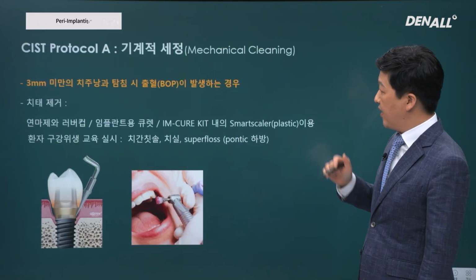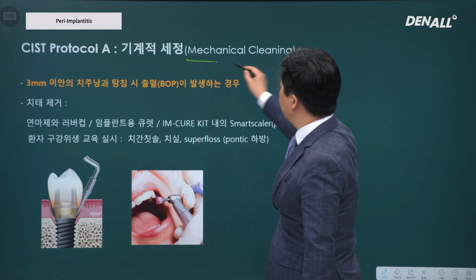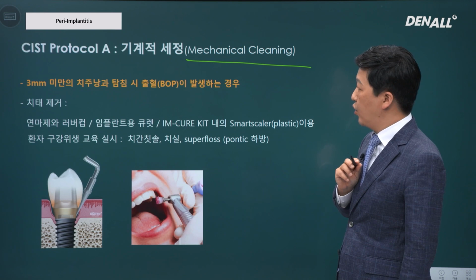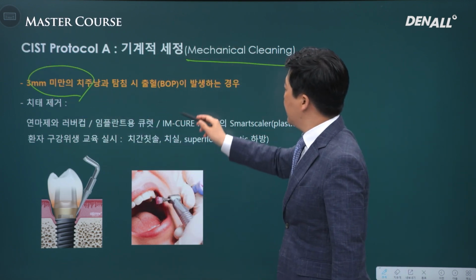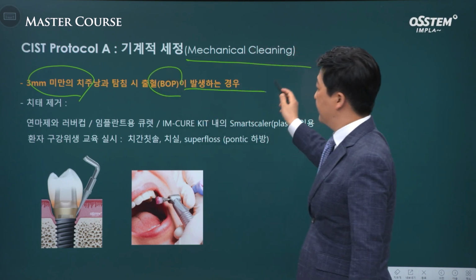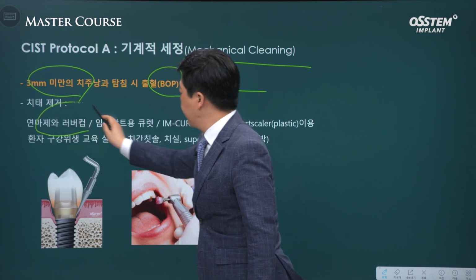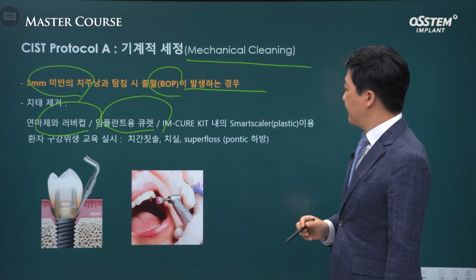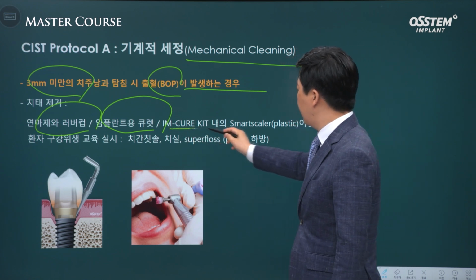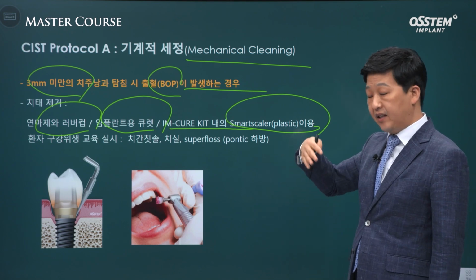Let's look at the different steps. CIST protocol A involves mechanical cleaning. The probing depth is less than 3 millimeters and there is bleeding upon probing. The surface of the implant is cleaned using polishing agent, rubber cup, curette for implant treatment, and the smart scaler included in Osstem's IM Cure kit.